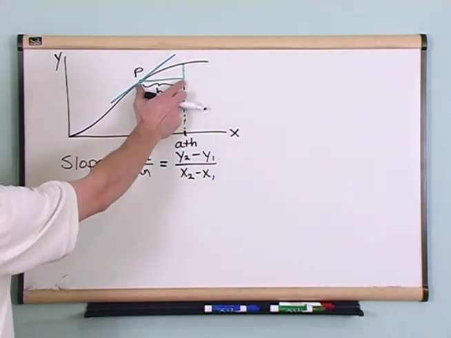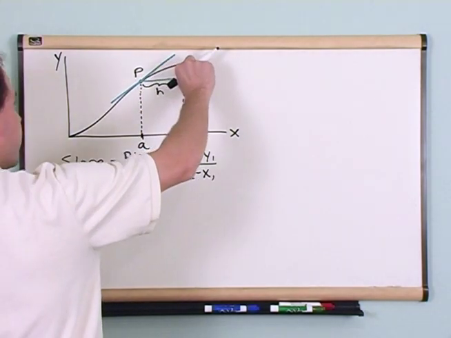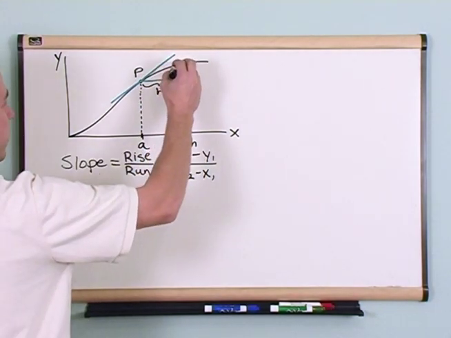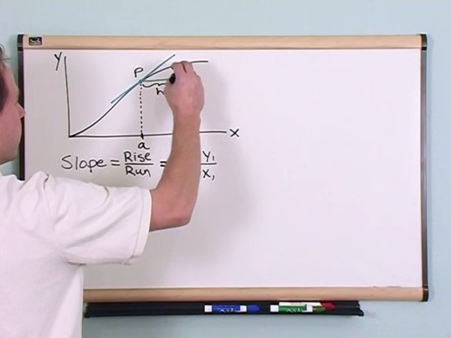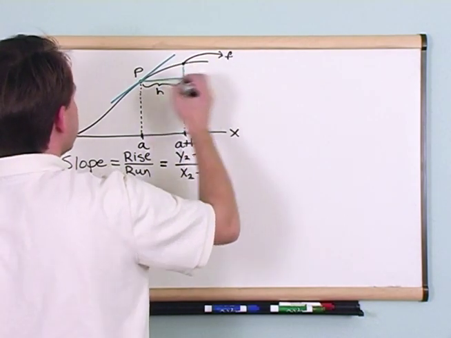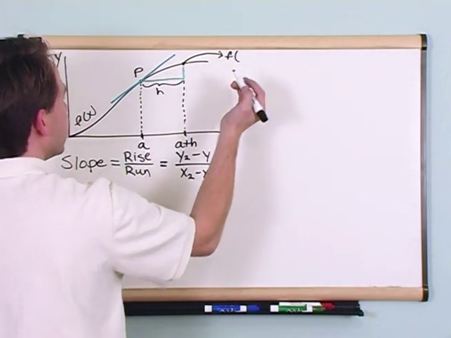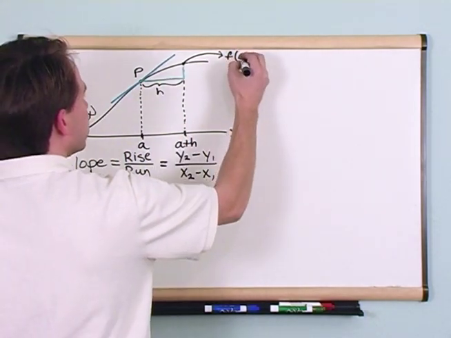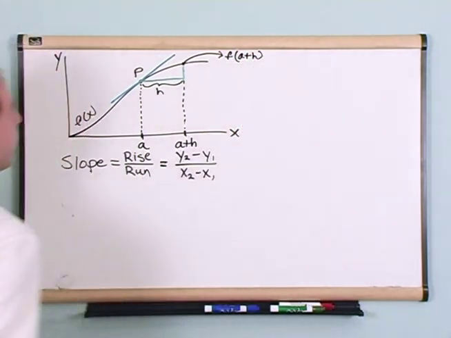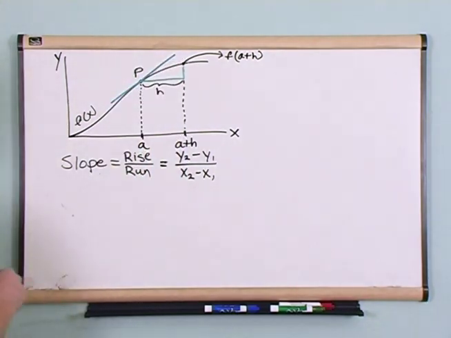We already know what the run is, the run in the x direction, that's just h. Now what is the distance here? Well, this point right here, because this function is f of x, this is just f of a plus h. I just take the x value, stick it into f, and that's what this value is here.